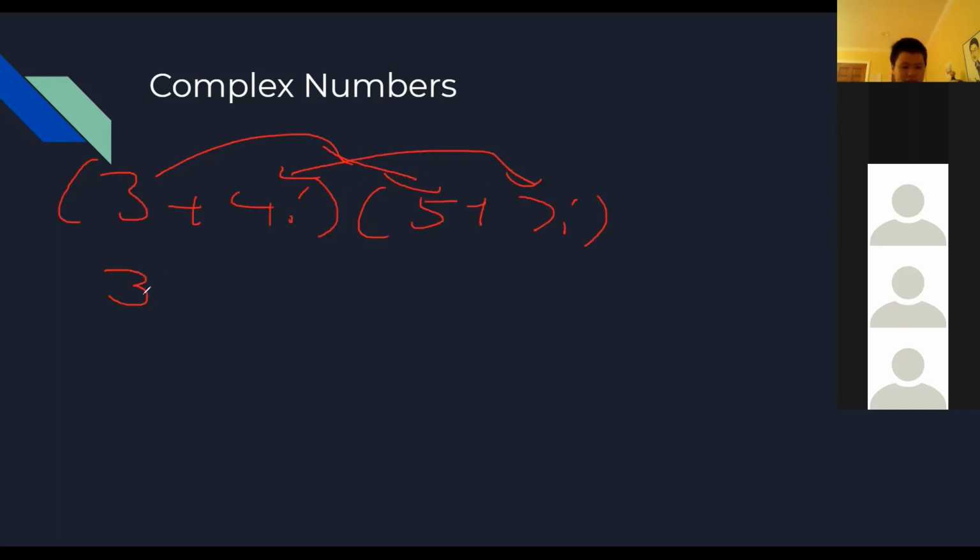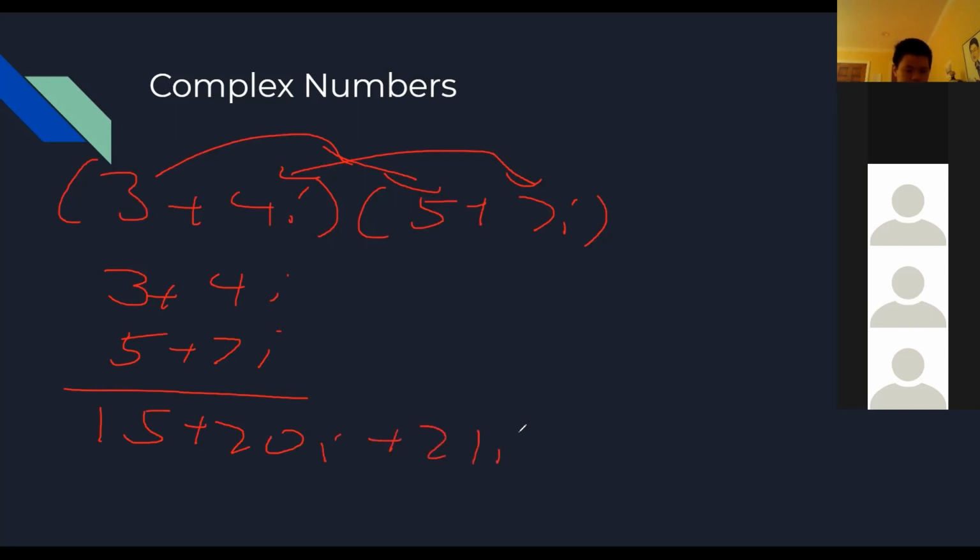We can actually do what we did in binomial or polynomial multiplication and just set up a multiplication setup. And 4i times 7i is negative 28, so negative 13 plus 41i.